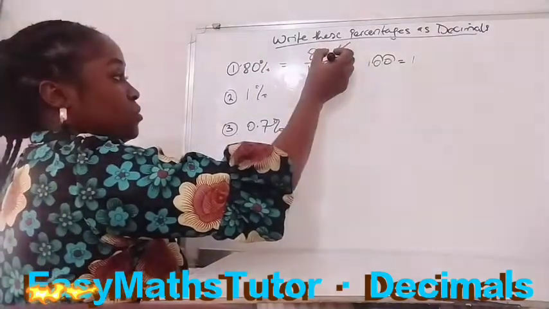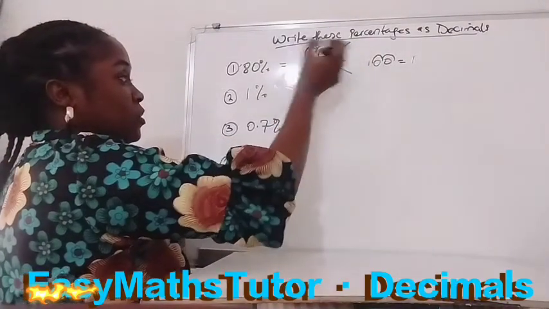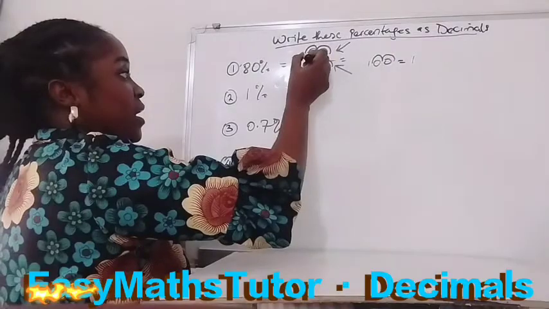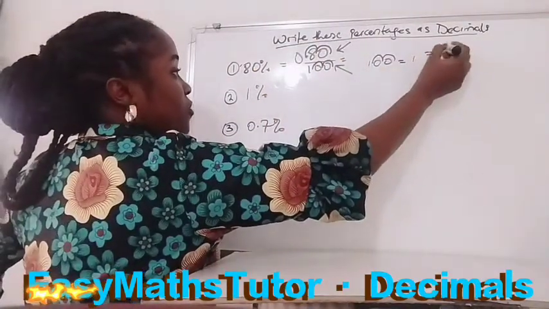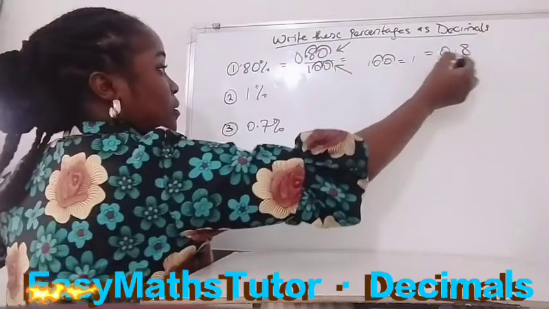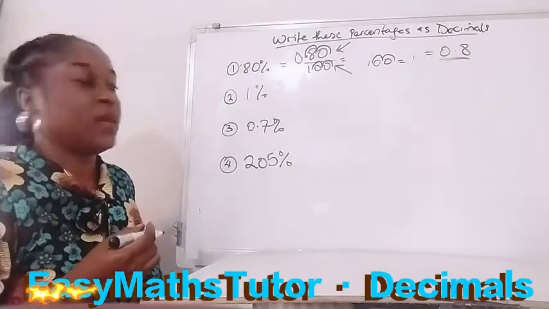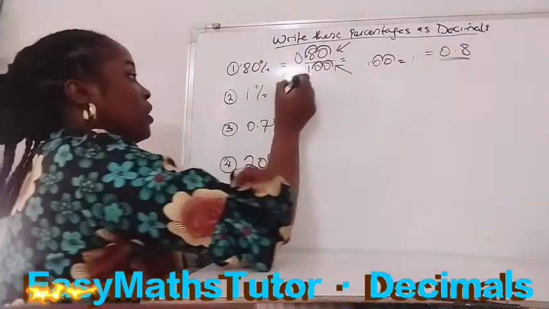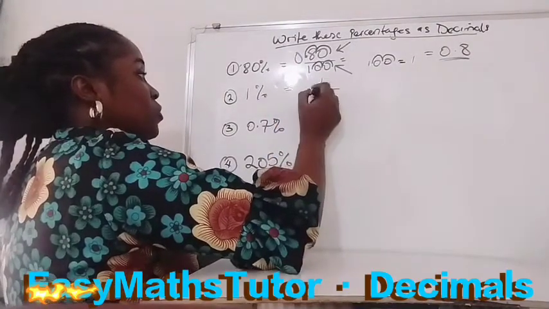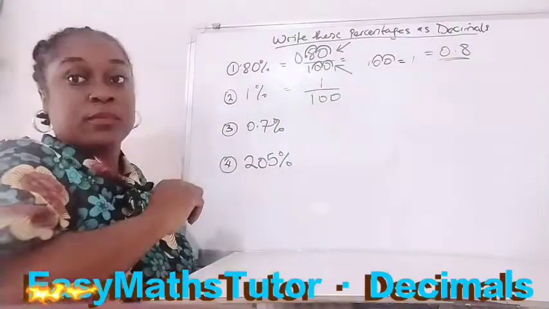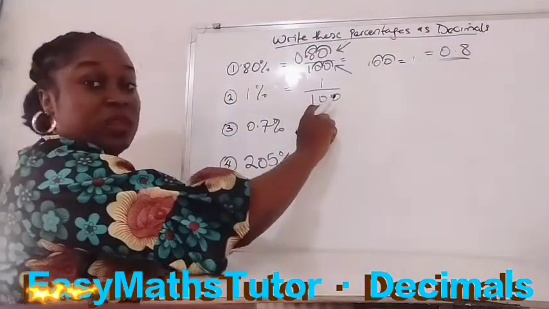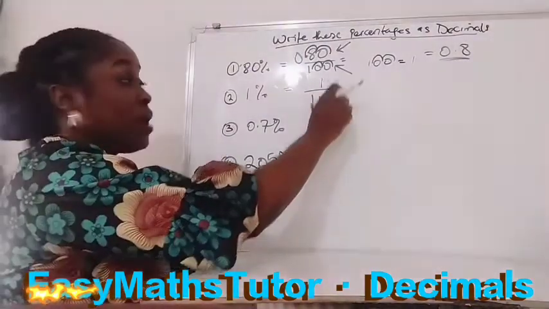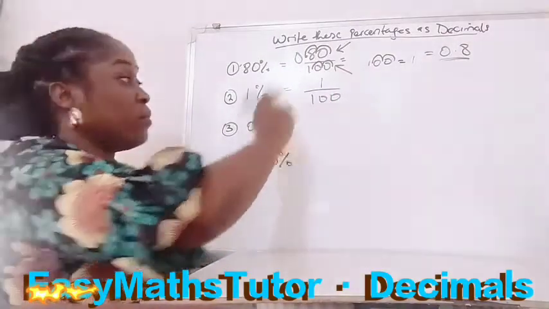So if at this point we want to make this 1, we'll count 1, 2. Therefore, we have to count 1, 2 in the numerator as well. So the decimal ended in front of 8, so we have 0.8. Next, 1%. Quickly convert it to a fraction, which is 1 over 100. So we need to make the denominator 1, and whatever we do in the denominator, we have to do the same in the numerator.